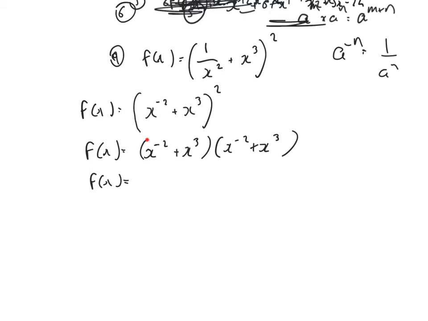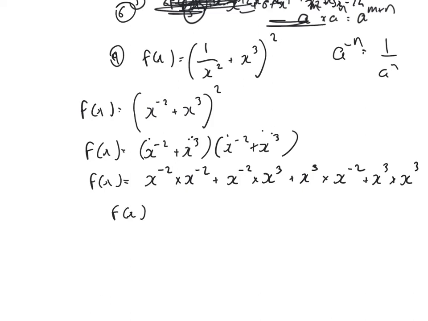So first move, first, x to the minus 2 times x to the minus 2. Let's just take our time and write it out dead long. Outsides, x to the minus 2 times x cubed. Insides, x cubed times x to the minus 2. Lasts, x to the 3 times x to the 3.